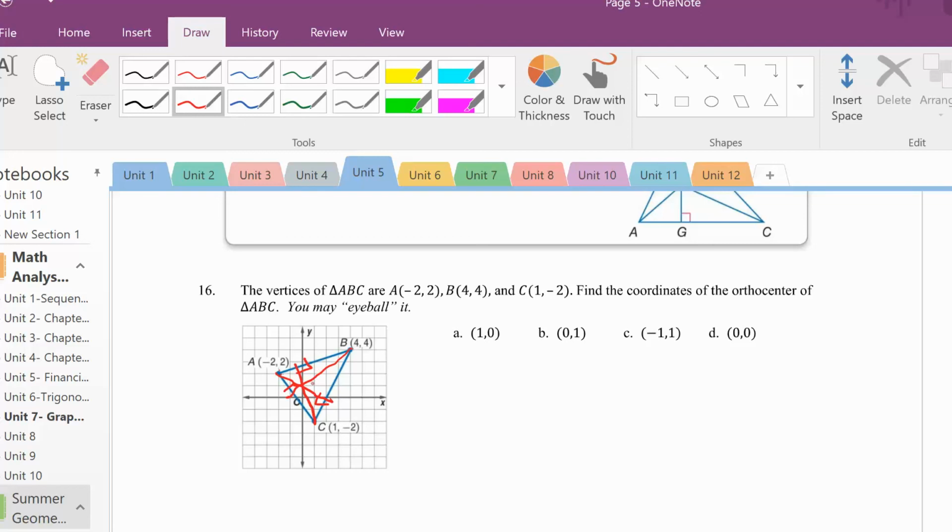So there's where the altitudes would be. So there is the orthocenter where they meet, right here. And that coordinate looks like (0, 1). So it would be B for (0, 1).